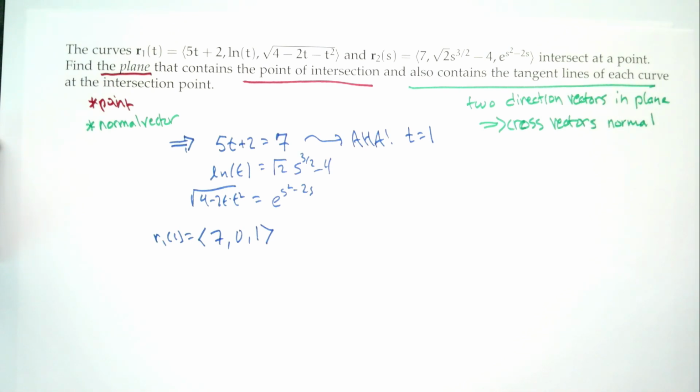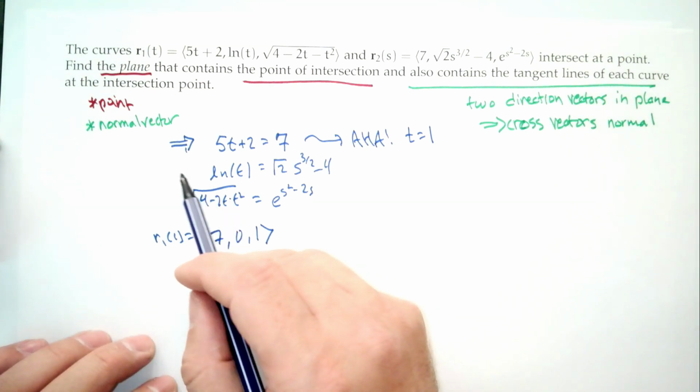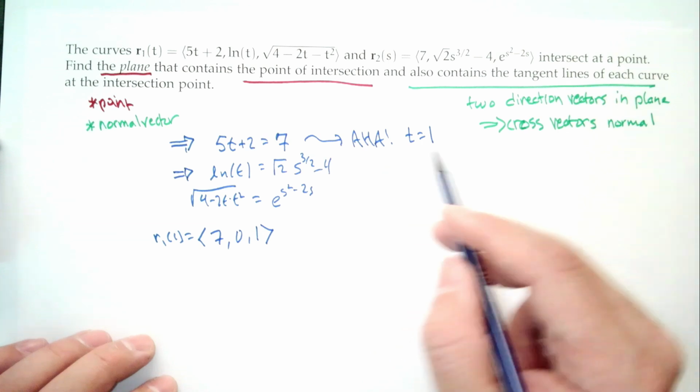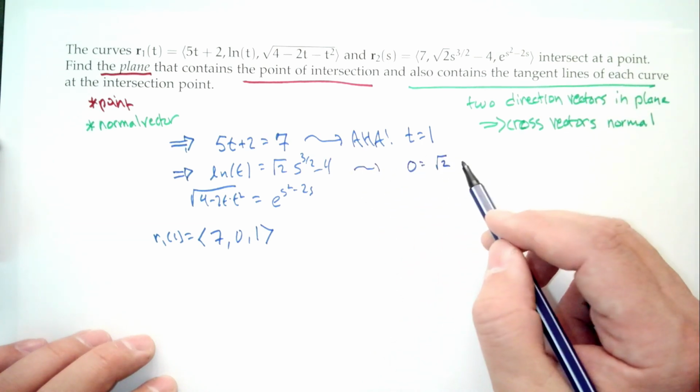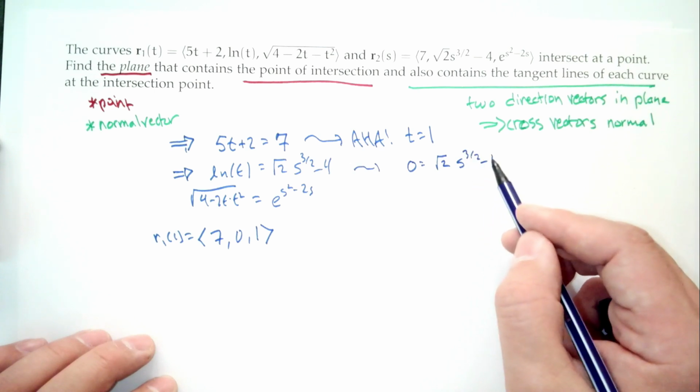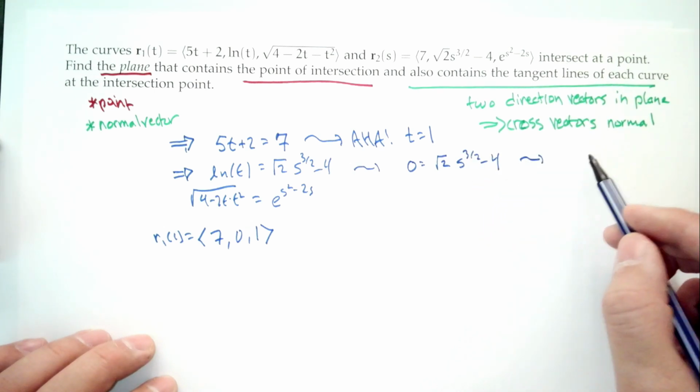I have to check to see if the other curve goes through that point, which means I need a value for s. So I pick one of the other equations. It doesn't really matter which one. Let's say I pick the middle equation, and I say, look, I need to have 0 equal to the square root of 2 s to the 3 halves minus 4. And we just start moving stuff around.